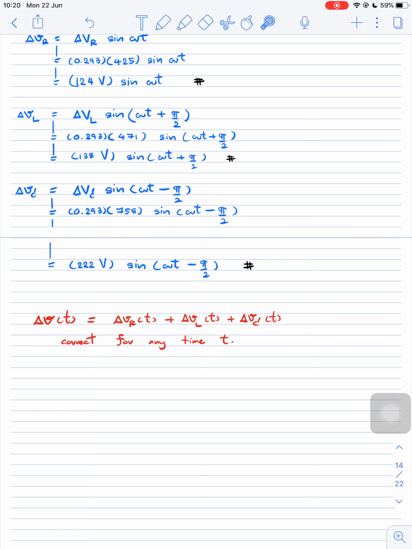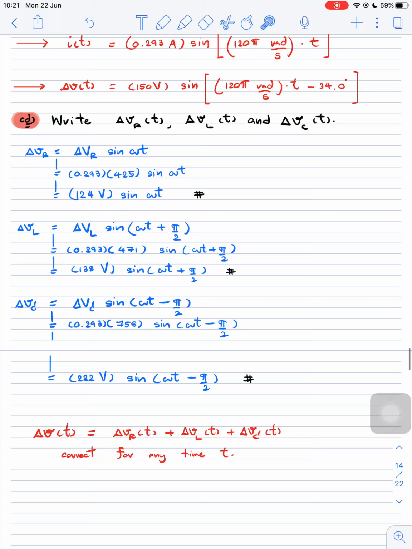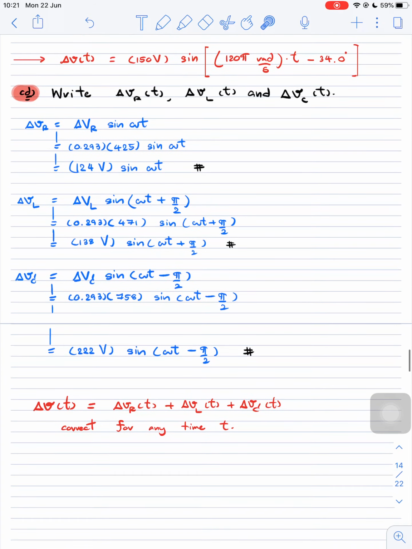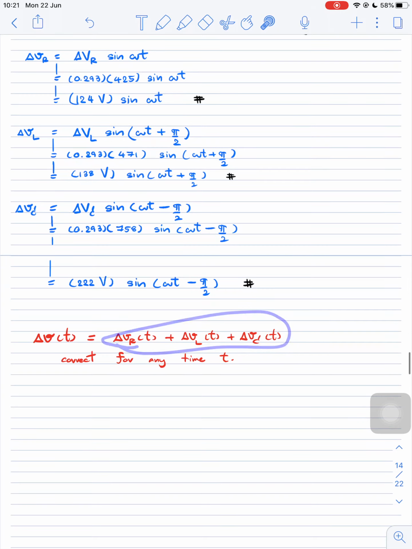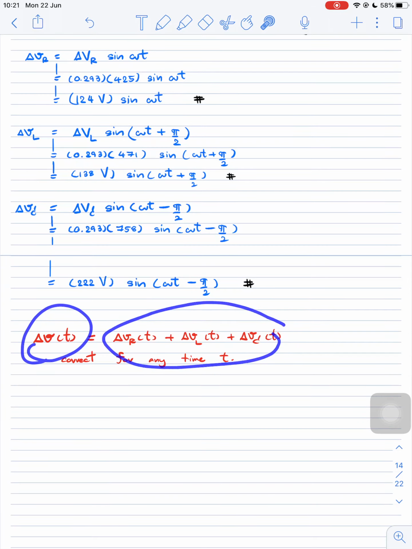You can check by yourself: plug in any value of the time, compute each term, and sum them together. You will see that both sides of the equation must be the same.